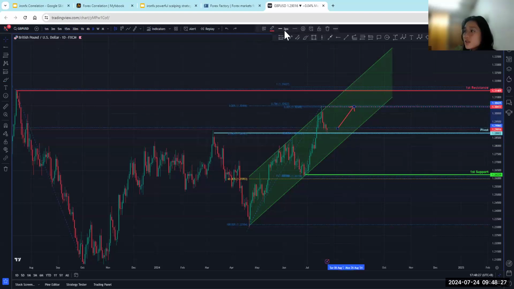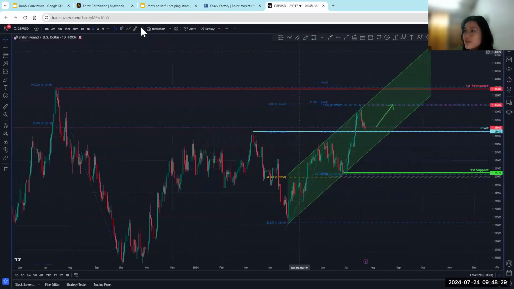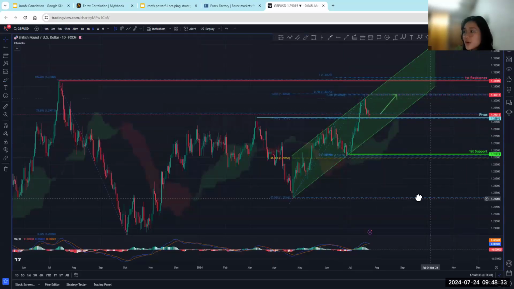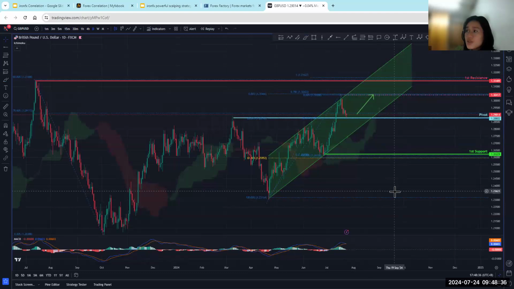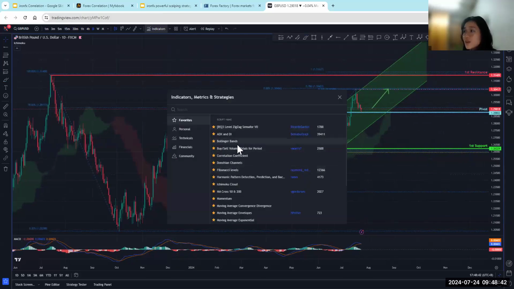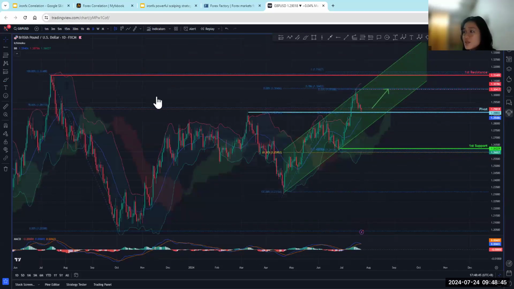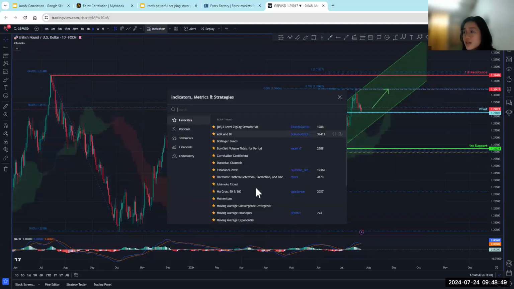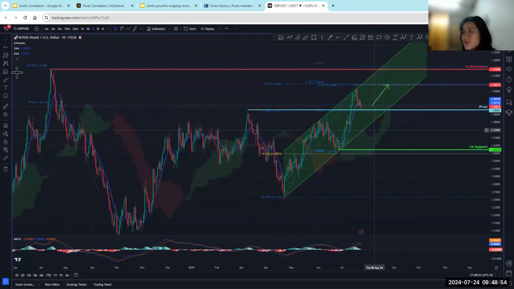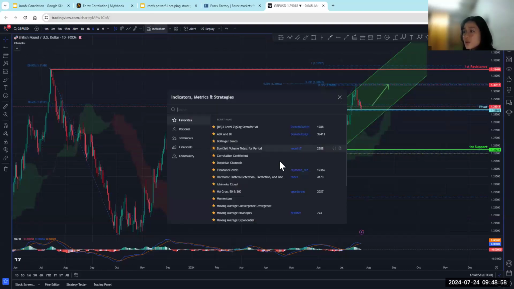Now let's take a look at our indicators. Price is moving above the cloud, so it supports our analysis. MACD is also giving us a bullish momentum, so they both support our analysis here. If we look at our Bollinger Bands, that doesn't tell us much. Our moving averages are giving us a bearish signal, so they don't support it.